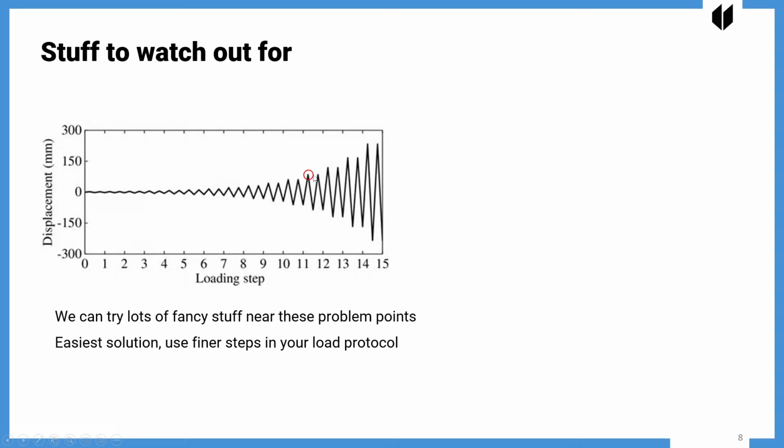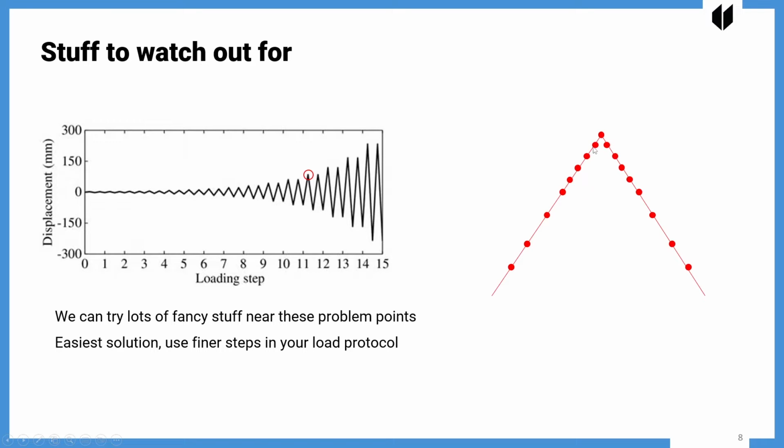And in particular, we know there will always be big stiffness changes at the reversal points. So generally, one strategy that has been fairly successful for me is to have a smaller load incrementation near these reversal points. And here I'm showing something that's on the order, this is maybe like a fifth of what's below.